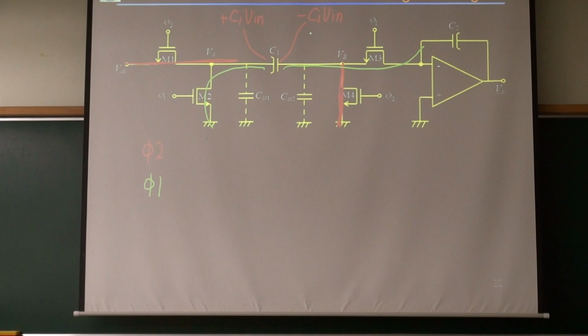So this minus C1 Vin will move here, and then there is a plus C1 Vin developed there. So when this is completely discharged, then this is 0, right? Then I have a virtual ground again, okay? So because this is positive, this is an inverting integrator. Sorry, non-inverting integrator. Question? Nope.